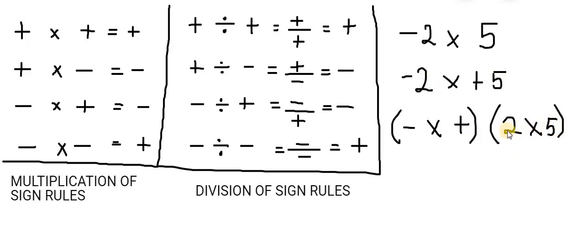Okay? 2 times 5 you can find from the 2 times table. That will give you 10. Minus times plus, go to the multiplication of sign rules. Minus times plus gives me a minus at the end. So my answer to this is minus 10.